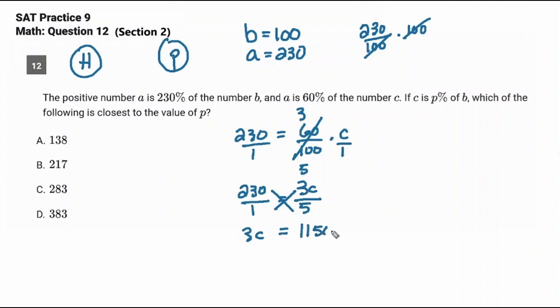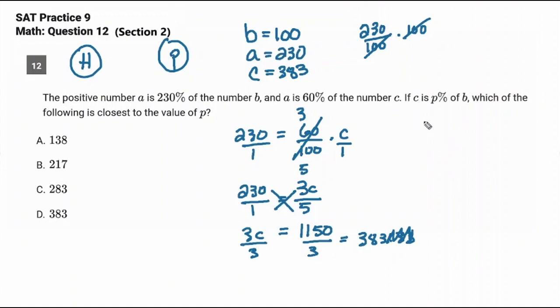You can divide by 3, and when you divide 1150 by 3, you're going to get 383.33, goes on forever. But remember we said we have a license to round, so we're just going to round that to 383. All right, so what is c? 383. c, 383, is P% of b, which is 100.